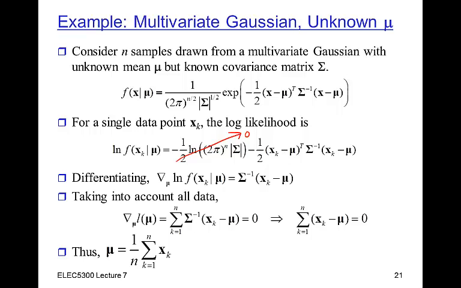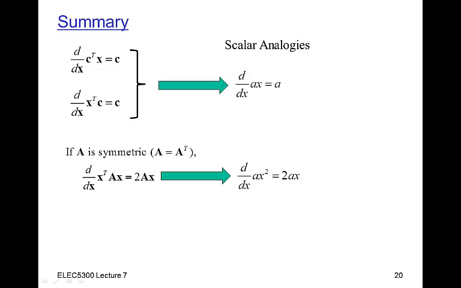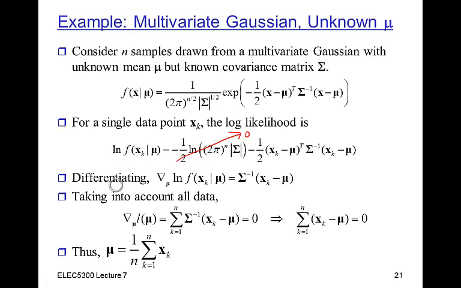But if I have something like x transpose A x, going back I just get 2Ax. Here x is just x minus the mean, so I have 2, and that cancels the 1/2, so I get 2 times 1/2, or 1, times A, which is sigma inverse, times x, which is xk minus mu.